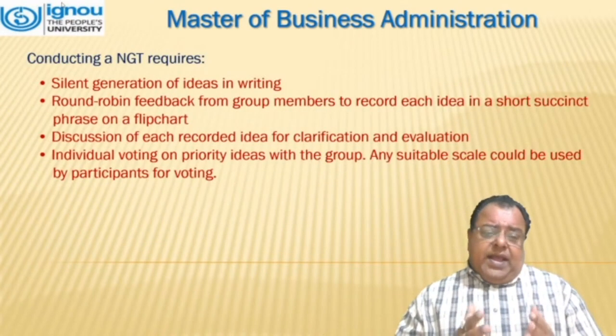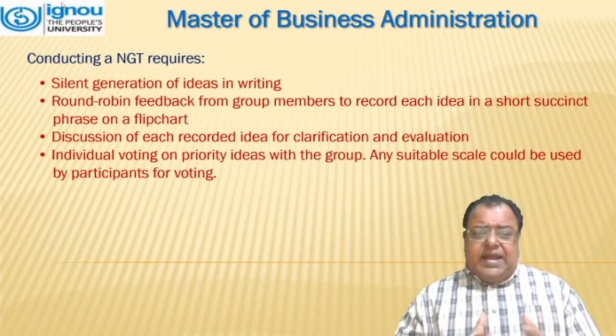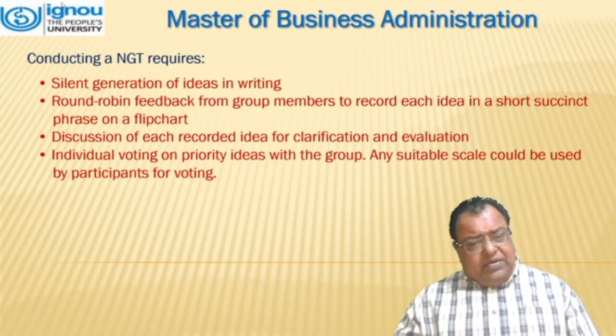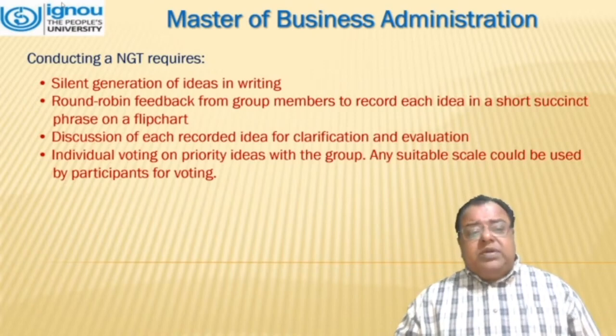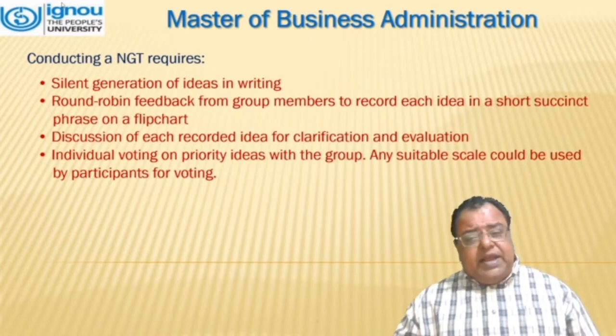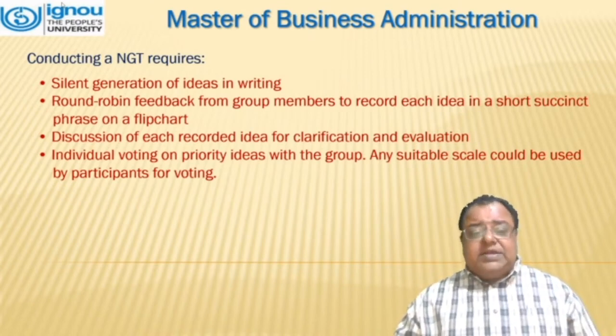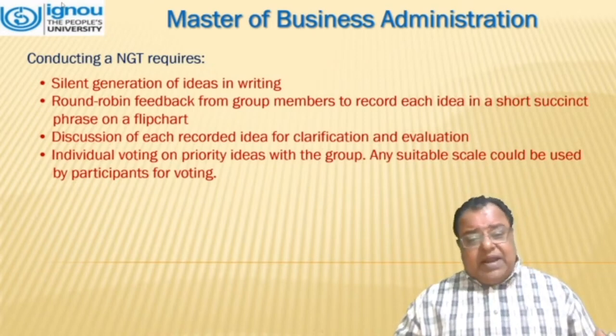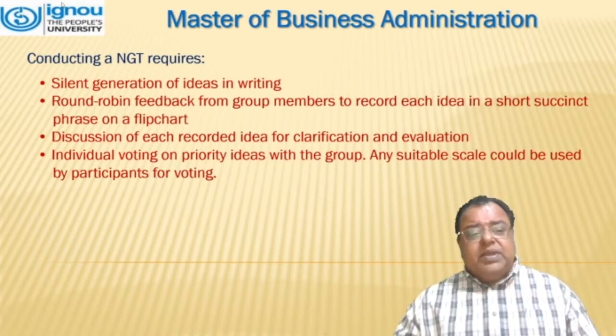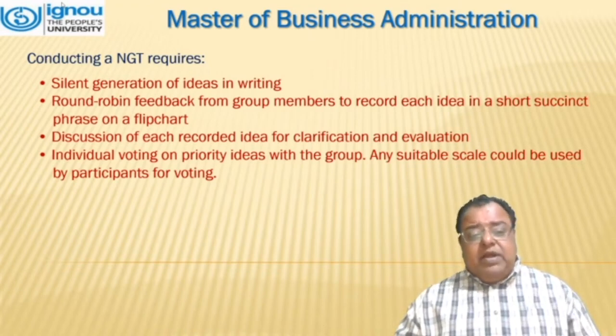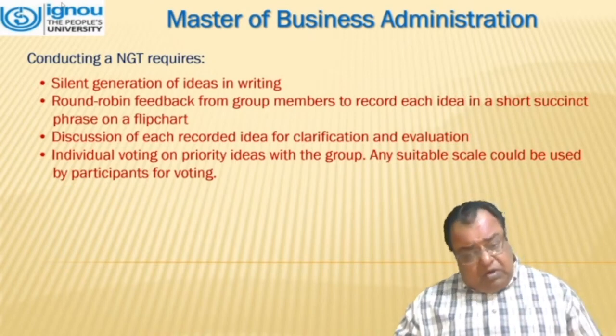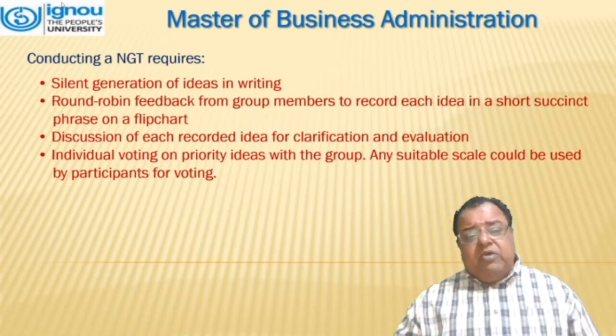Conducting an NGT includes silent generation of ideas in writing, round robin feedback from group members to record each idea in a short, succinct phrase on a flip card, discussion of each recorded idea for clarification and evaluation, and individual voting on priority ideas within the group. Any suitable scale could be used by participants for voting.